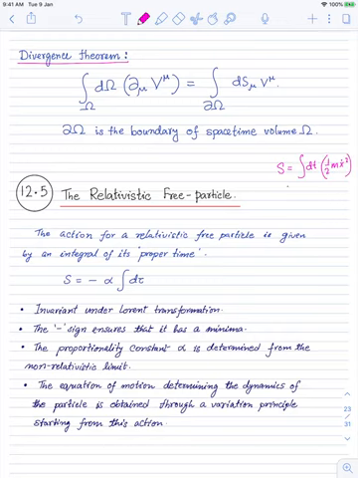The variation of this, setting that to 0, gives you the equation of motion for the free particle, which is m x double dot equal to 0. This is mass times acceleration equal to 0. So this follows for the free non-relativistic particle.